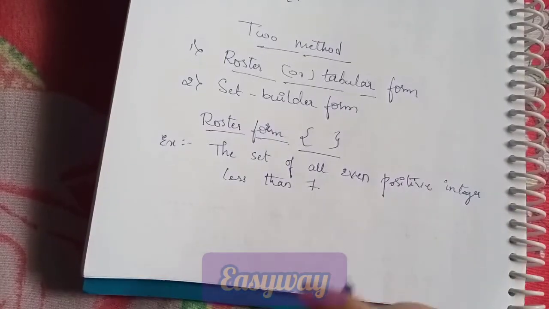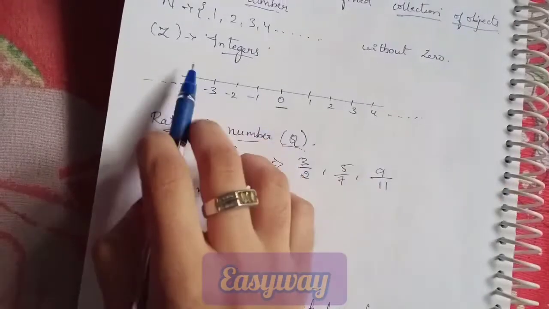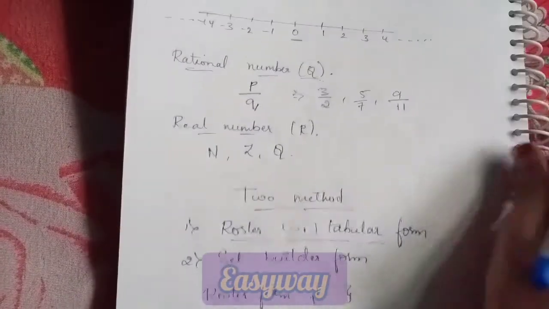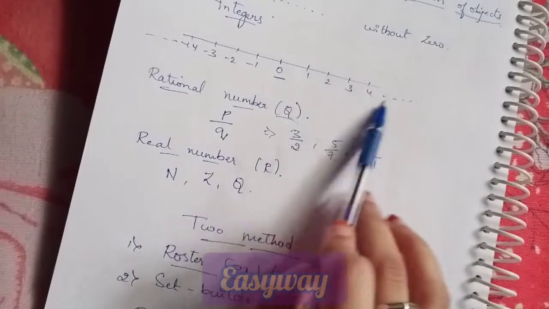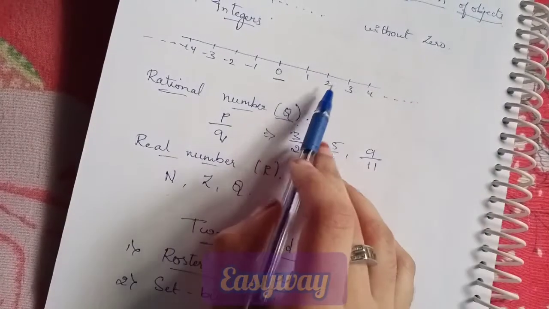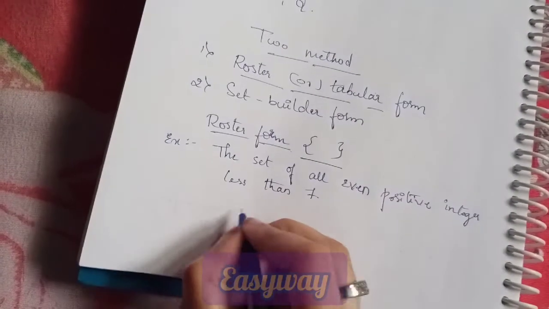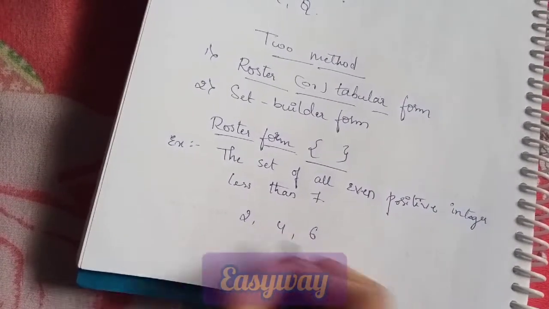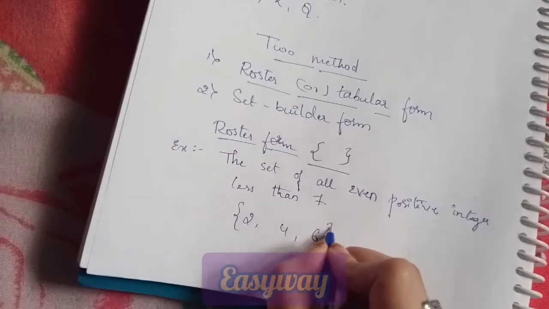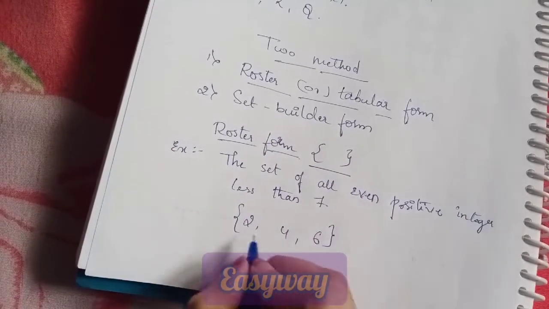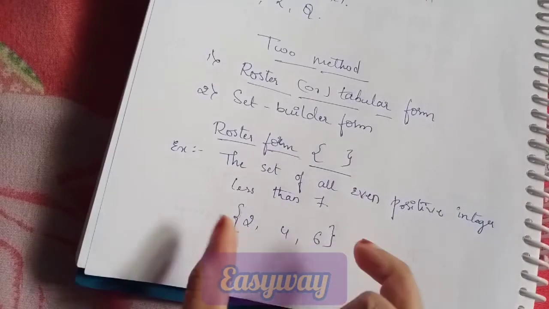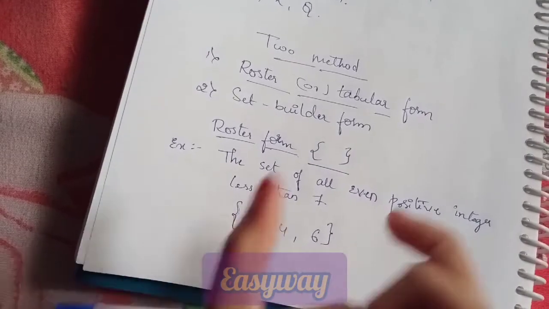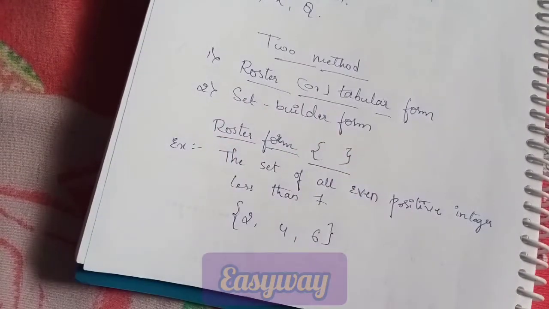They are 2, 4, 6, right? And we represent this set in roster form by putting them in a flower bracket.